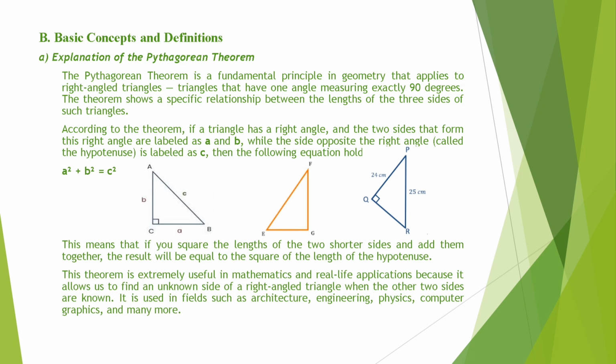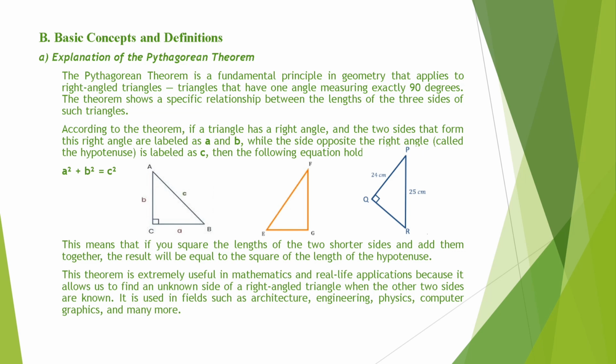According to the theorem, if a triangle has a right angle and the two shorter sides are labeled as a and b, while the side opposite the right angle, called the hypotenuse, is labeled as c, then the following equation holds: a quadrat plus b quadrat equals c quadrat.